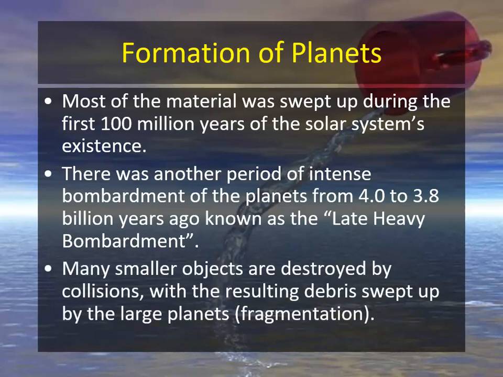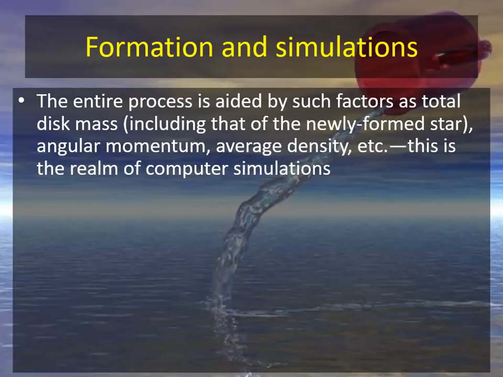But in any case, many smaller objects would get destroyed by collisions, and the resulting debris would be swept up by the large planets. Now, the exact process by which this occurs and the exact characteristics that a new solar system is going to have is something that we can estimate with computer simulations.